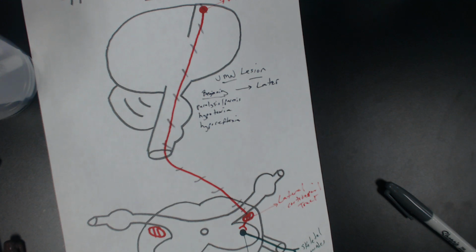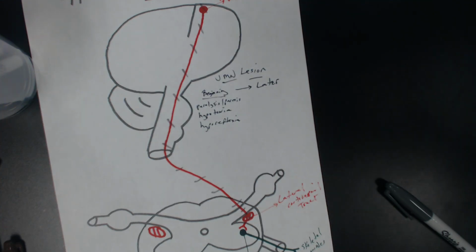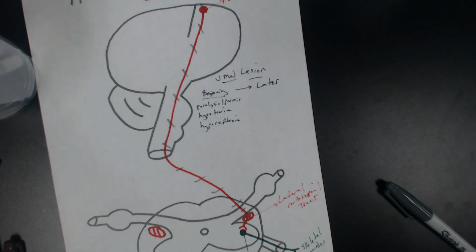Hypotonia, T-O-N-I-A, is nothing more than reduced muscle tone, and hyporeflexia is nothing more than lower than normal reflexes, and we'll learn what that means in a little bit, how you can actually grade somebody's tone and grade their reflex activity.